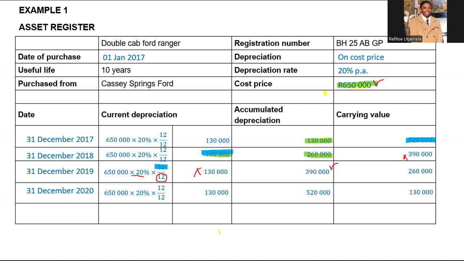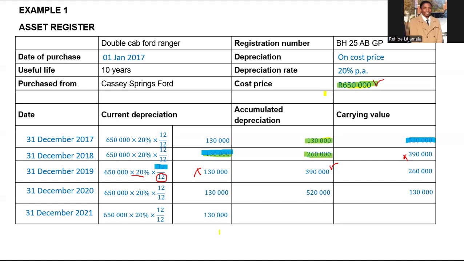The following year, which is the 31st of December 2021, when you calculate depreciation, it will be the same. 650 times 20% times 12 over 12, which will give you 130,000.